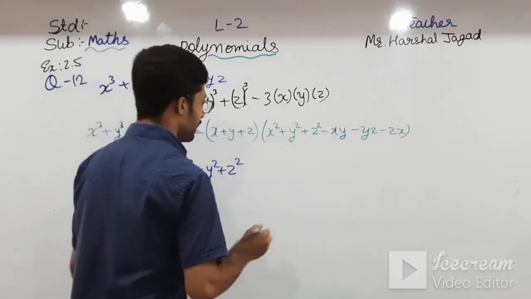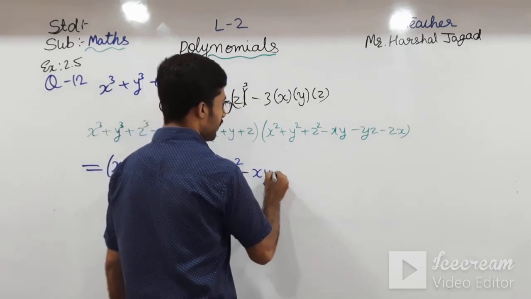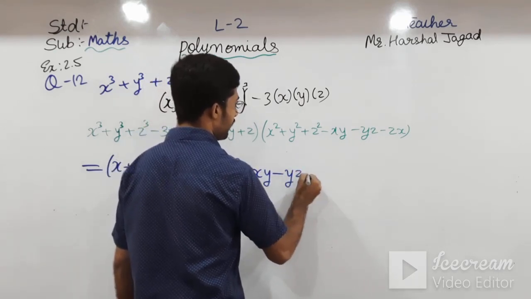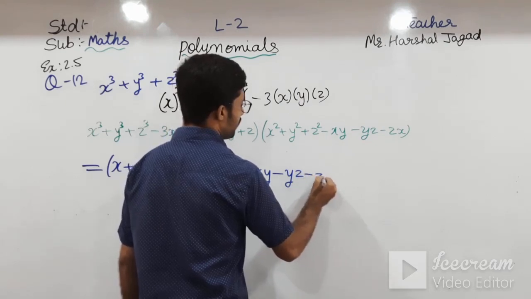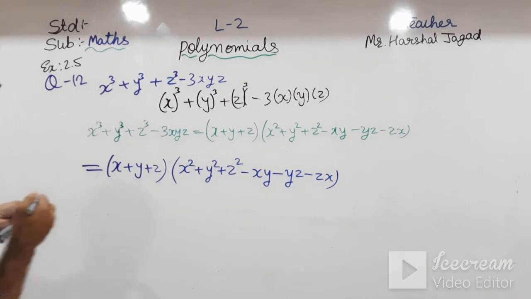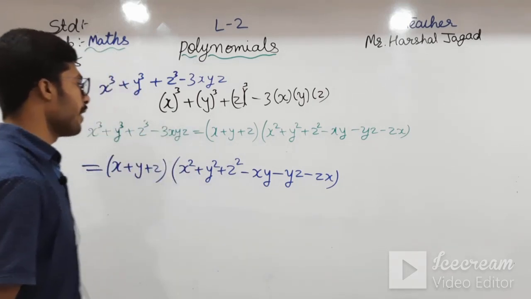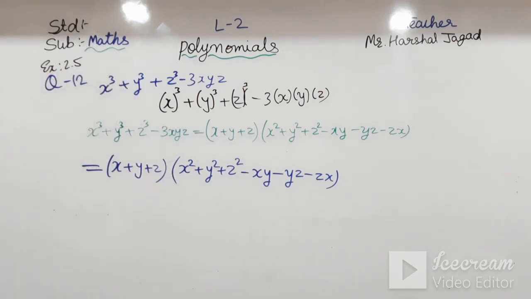Okay students, then minus xy minus yz minus zx. We get this. Okay, according to the identity number 8, we get this. Now further, what you have to do, see here in the textbook, an equation is given.